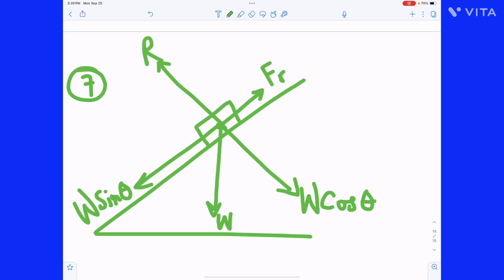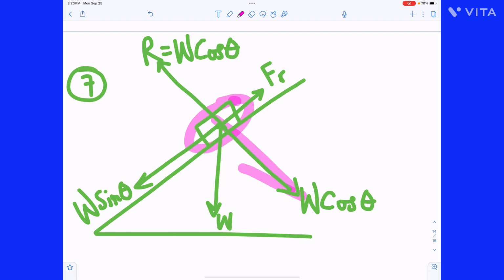The normal reaction of the plane on the box is also the same as the component of its weight resting on the plane. The component of the weight of the box resting perpendicularly on the plane is W cos theta.